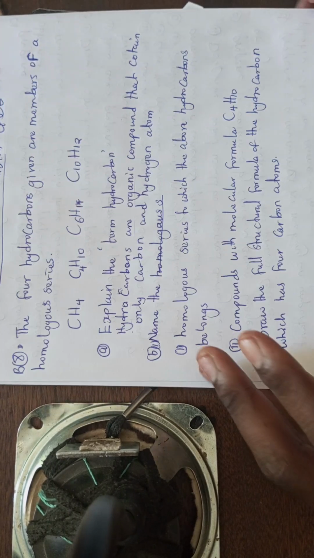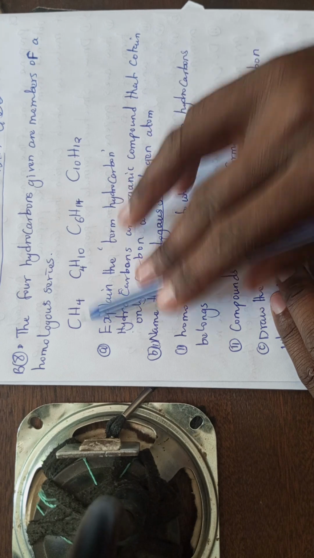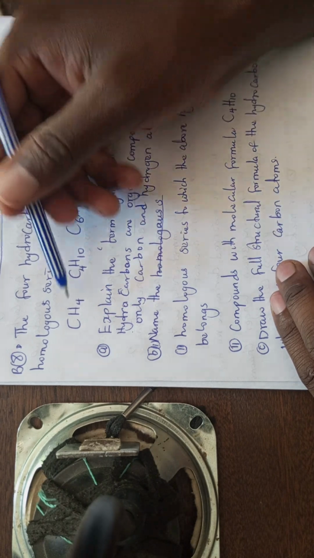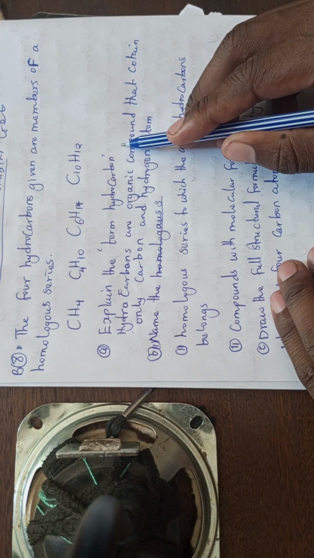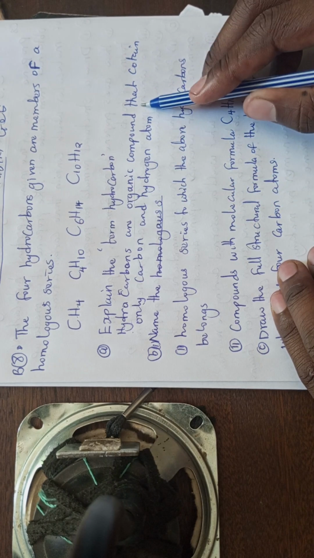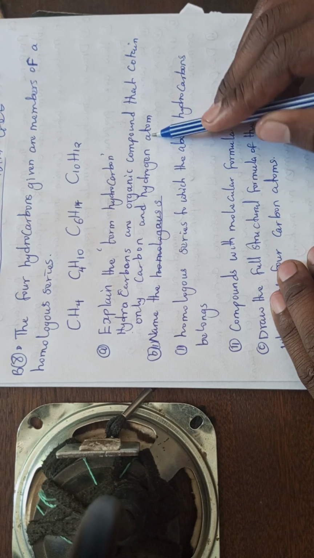As you can see, these hydrocarbons which have been given only contain carbon and hydrogen. So we define hydrocarbons as organic compounds that contain only carbon and hydrogen atoms.